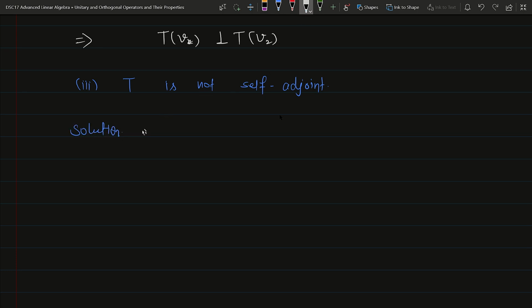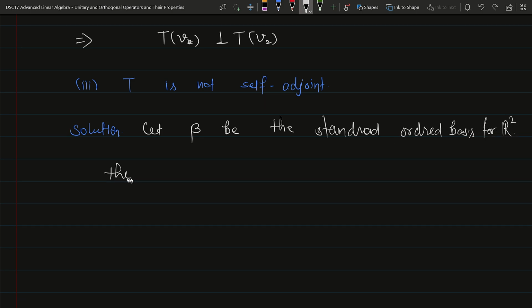So let beta be the standard ordered basis for R square. Okay, then we know that the matrix A, which is the matrix representation of T in beta, is given by cos theta, minus sin theta, sin theta, cos theta.